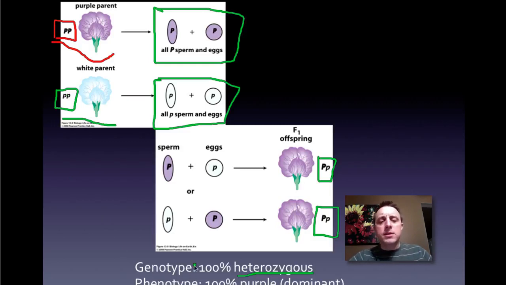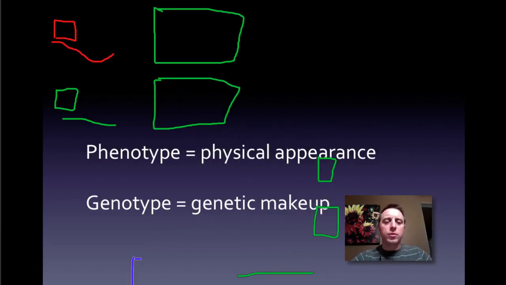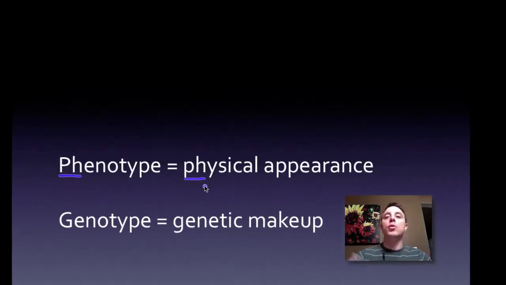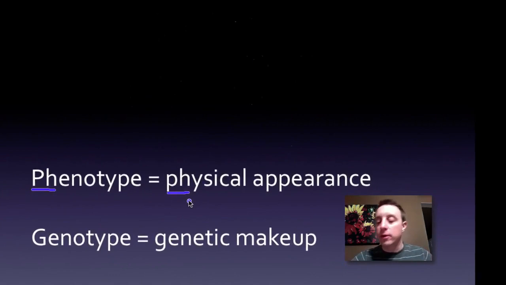Okay, so these terms genotype and phenotype, very important to remember what these terms mean. And it's really quite easy to remember. Okay, the phenotype. Think pH in phenotype stands for the physical appearance, what the organism looks like.